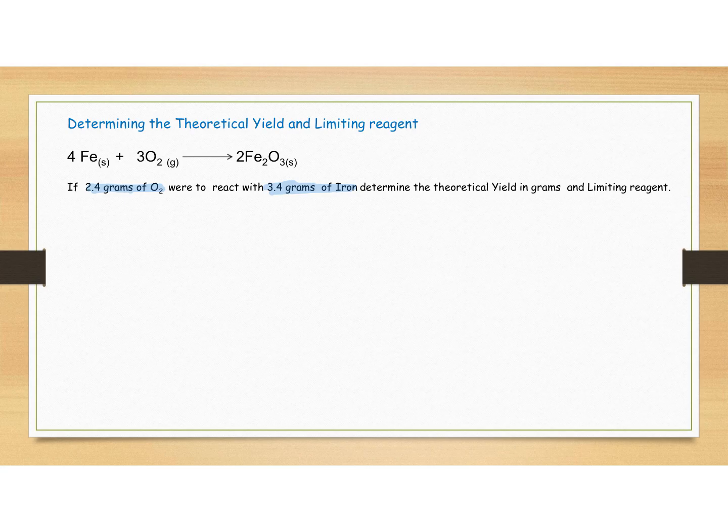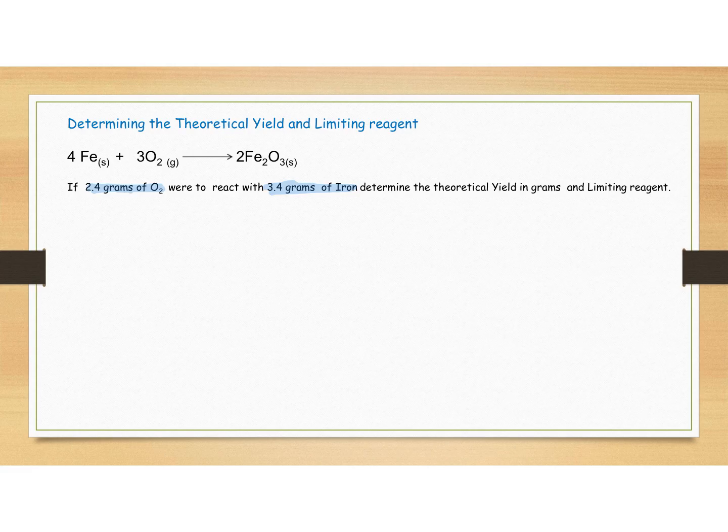The previous problem had just moles, but in this problem we have grams. So I'm going to have to do one more conversion. I'm going to have to go from grams to moles, use my mole ratio, then back to grams. Determine the theoretical yield in grams and limiting reagent. Okay, so let's get started with this one.